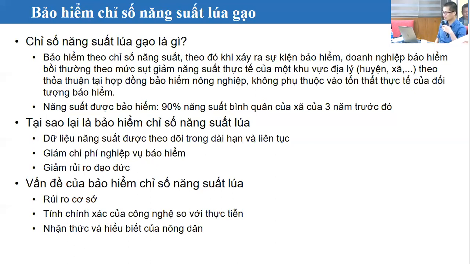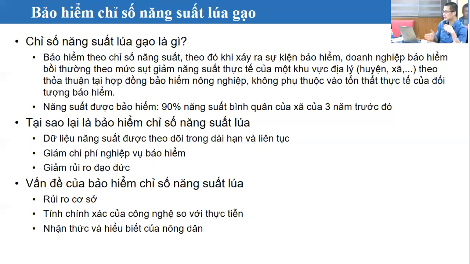Điều này đến vì khi áp dụng công nghệ viễn thám thì tính sai năng suất thực tế. Khi áp dụng công nghệ viễn thám, người ta dựa vào màu sắc để ước lượng năng suất. Tuy nhiên ở bên dưới, màu sắc rất đẹp nếu nhìn từ vệ tinh, nhưng thực ra lúa lại lép.